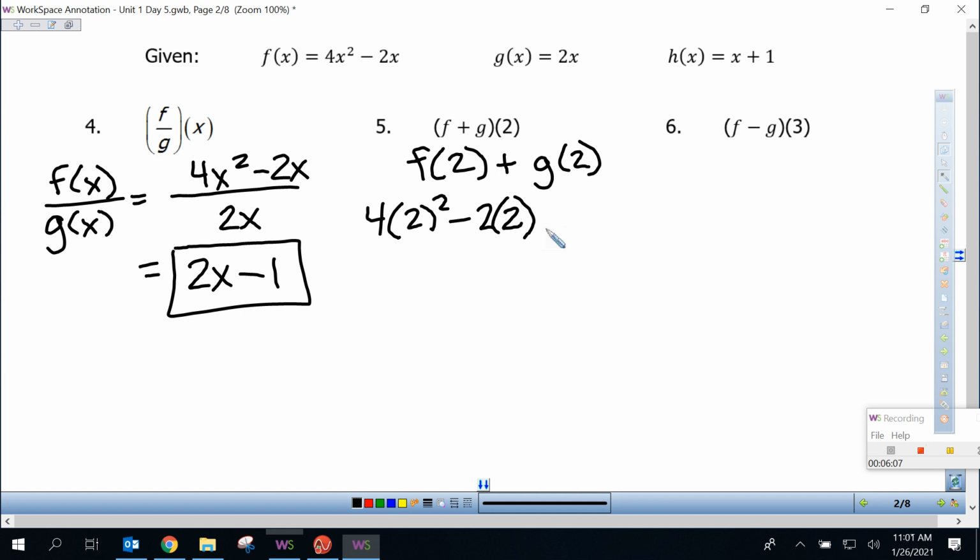And that's f of 2. Then we need to add to that g of 2. So that means I need to go to g's equation, and what do I replace this x with? A 2. So this is 2 times 2. Evaluate that. So start with the exponent, and what is 2 squared? 4. And 4 times 4 is 16. So this would be 16 minus 4 plus 4. What happens with your negative 4 and positive 4? Yes, they make 0, and the final answer would be 16.